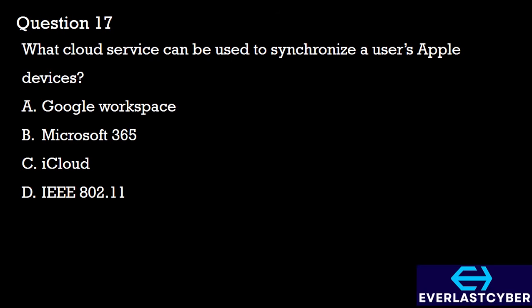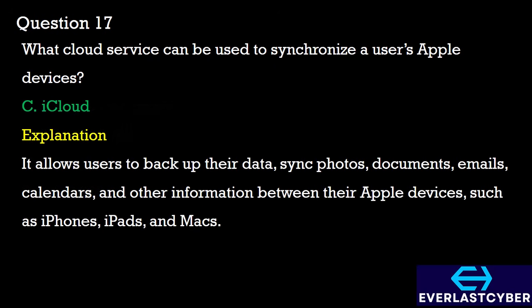Microsoft 365 is a suite that includes productivity tools from Microsoft such as Excel and Microsoft Word, and while it offers cloud storage and synchronization features, it is not tailored specifically for Apple devices. iCloud is Apple's cloud service that is designed to synchronize data across Apple devices, while the IEEE 802.11 is a set of standards for wireless networking. However, it does not relate to cloud services or synchronization of devices. So for this, we'll be going with option C.